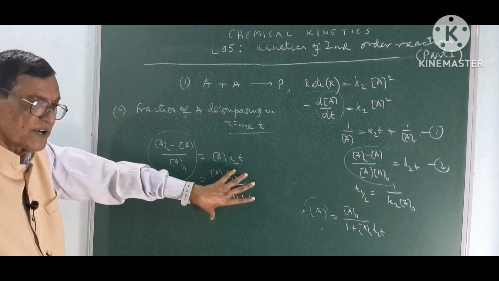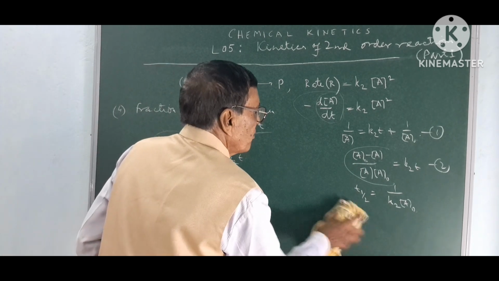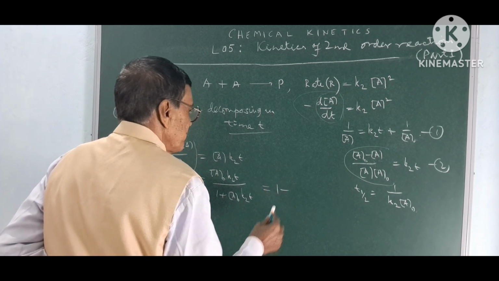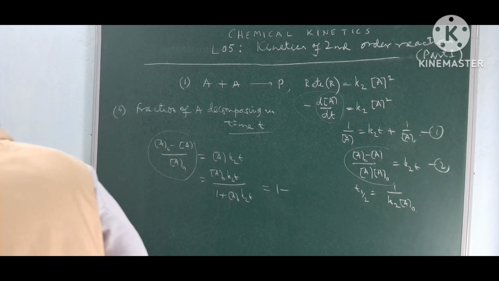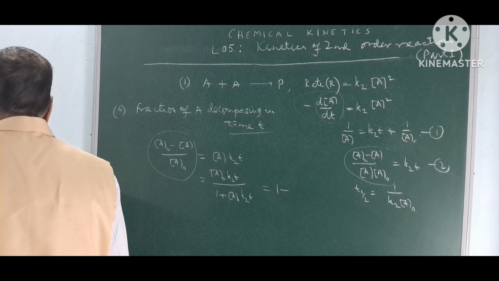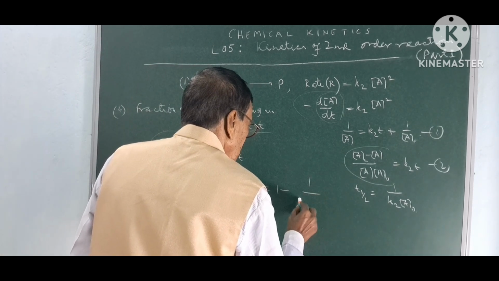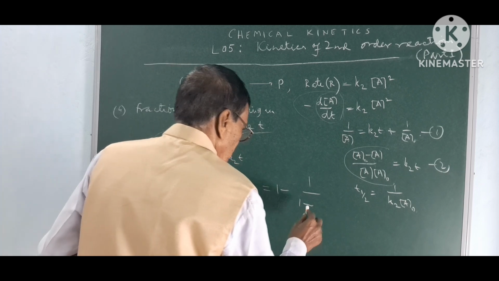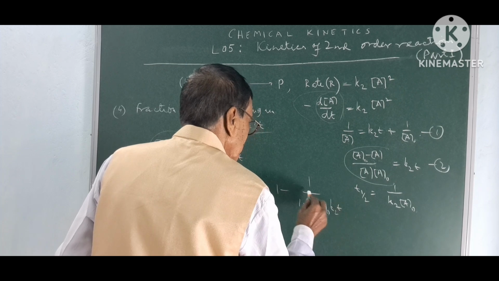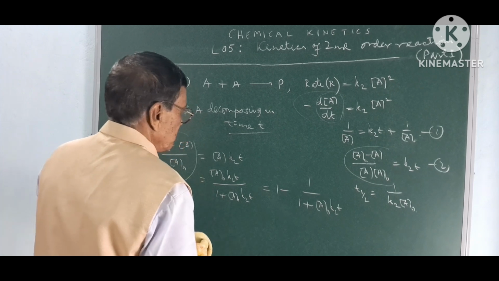If we arrange this in a similar way, then we can write 1 minus 1 by 1 plus concentration of A naught K2 T. So this is the fraction of the decomposition.